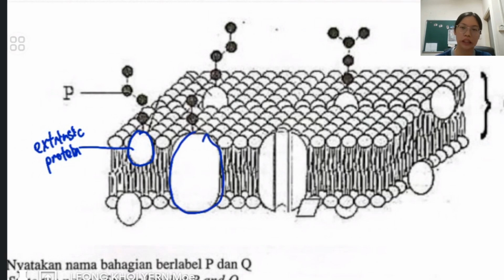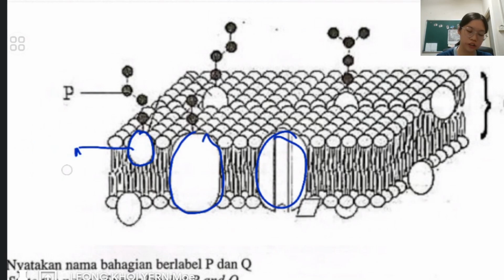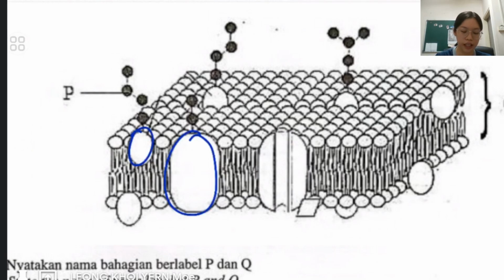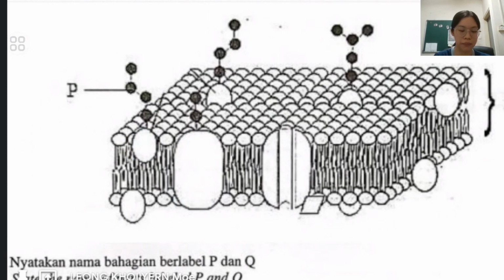Meanwhile, this one is the intrinsic protein. For the SPM syllabus, we only focus on the channel protein and carrier protein, which are intrinsic proteins. But you don't have to panic because both are made out of protein.